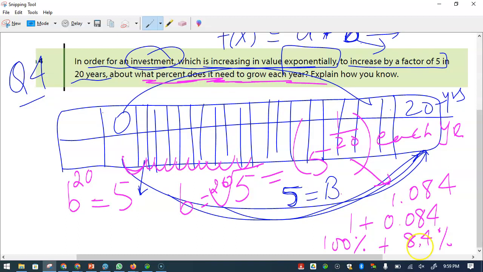We say, hey, that's an 8.4% increase each year. So I hope that helps. The main thing is the visuals. Every 20 years it is this part. So every year it is this part. And when you put it in the calculator, you get this answer, and that's how I get it.